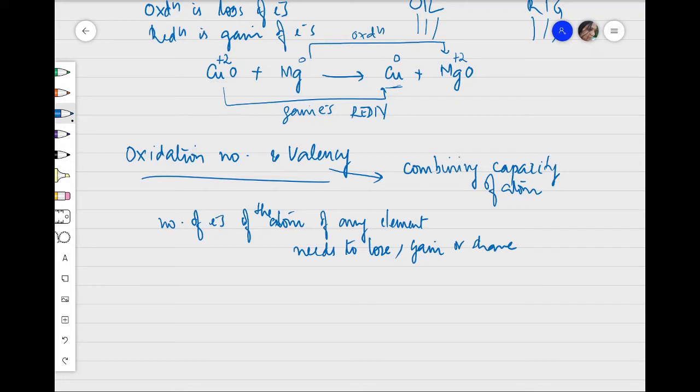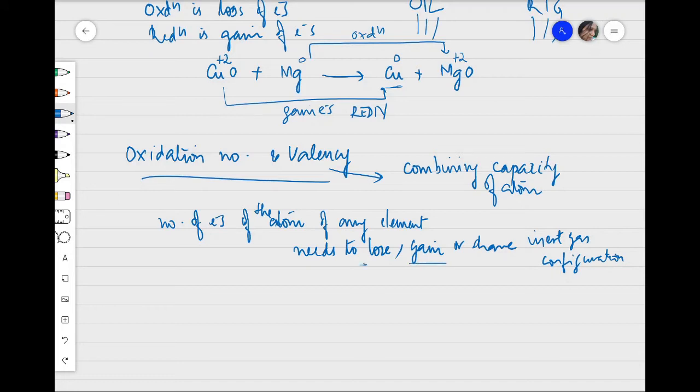Okay, അതായത് it needs to acquire inert gas configuration. acquire ചെയ്യാൻ, അതായത് ഇനേർട്ട് ഗ്യാസ് ഇതിലേക്ക് പോകാനുള്ള എത്ര electrons it needs to lose, gain or share.